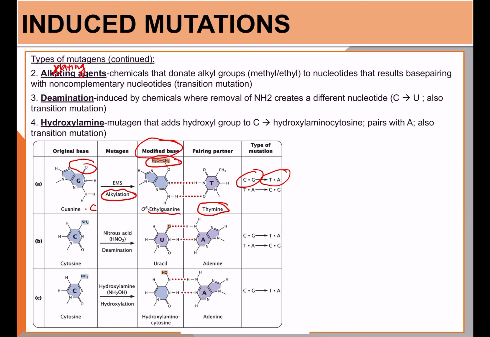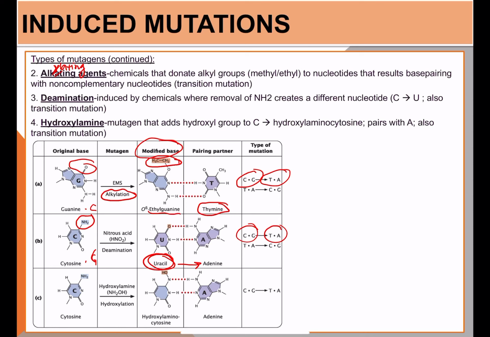Now, deamination is when you remove the amino group and create a different nucleotide again. In this case, you're removing this NH2 from cytosine and turning cytosine into a uracil. Cytosine normally pairs with G, but because you have changed it to uracil, now it binds with A. So it went from, again, a CG to a TA type of complementary base pairing.